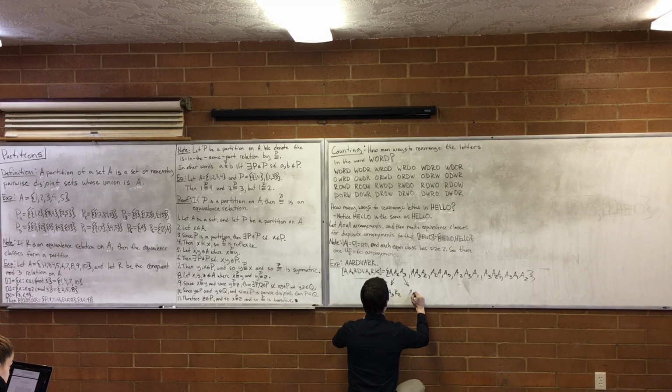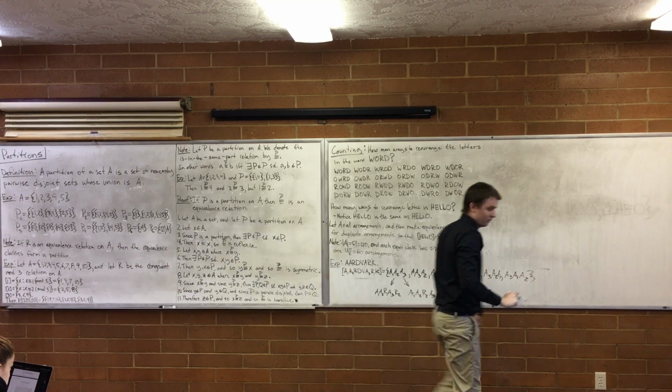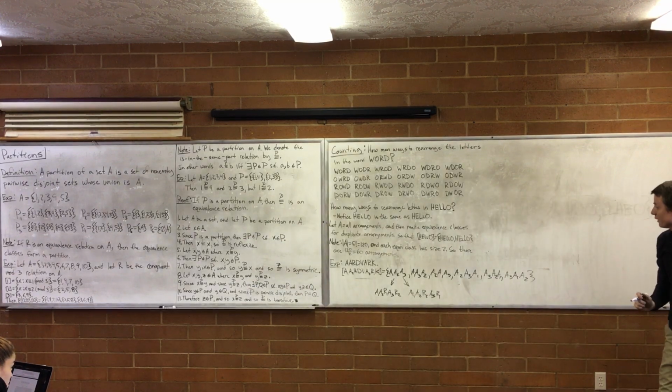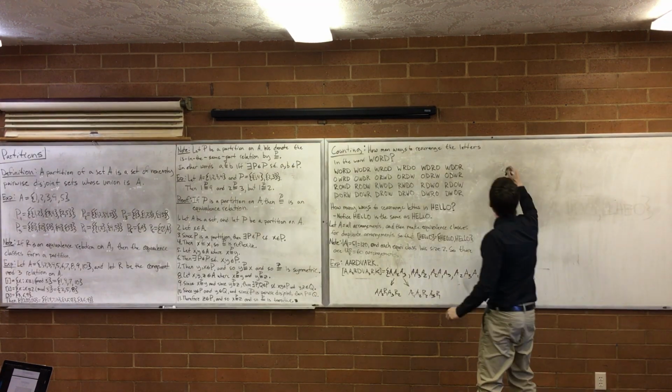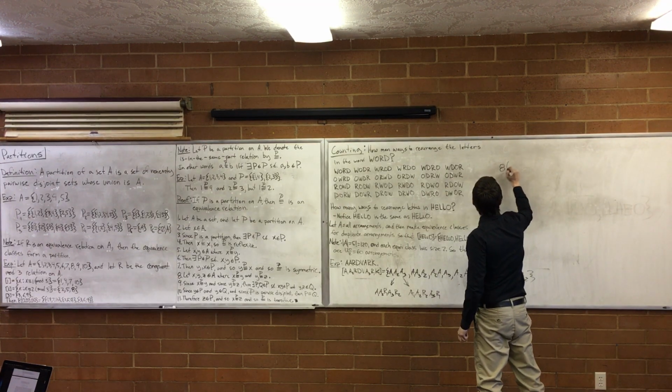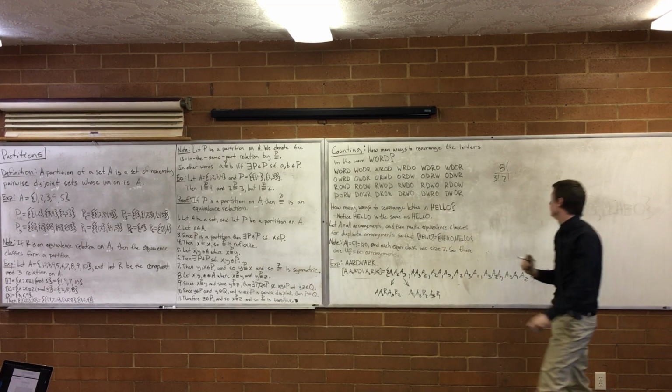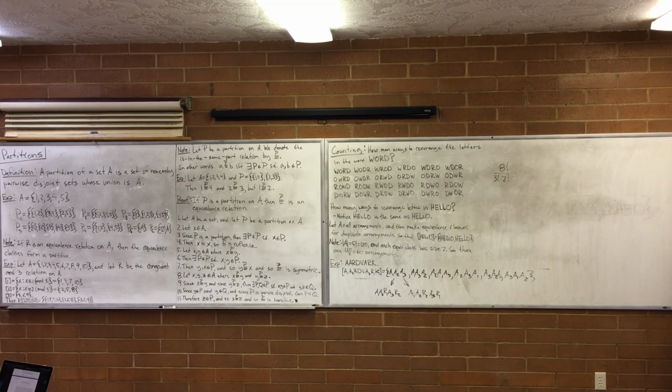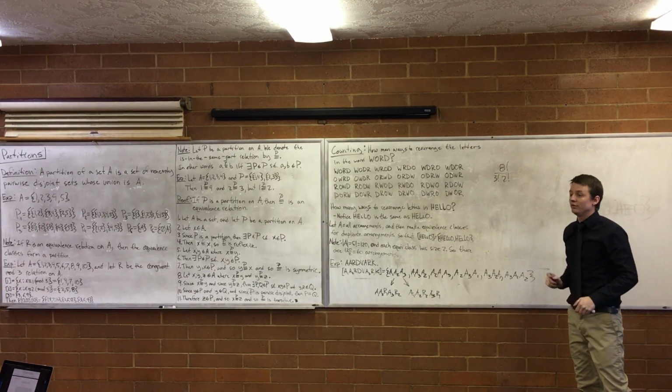Or it could have been A1, A2, R2, A3, R1. Right? So that means there's 12. So it's 8 factorial over 3 factorial times 2 factorial. In fact, if there were 3 R's, that would have been a 3 factorial as well.